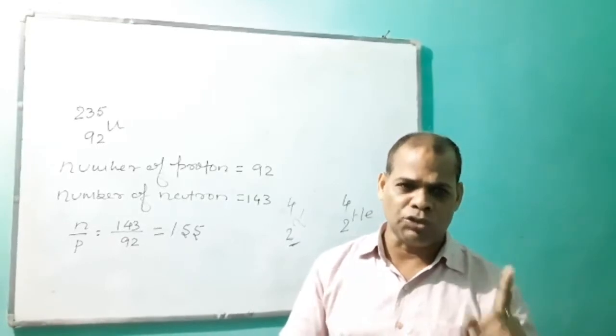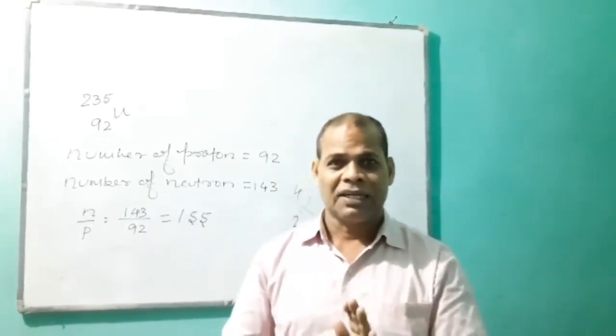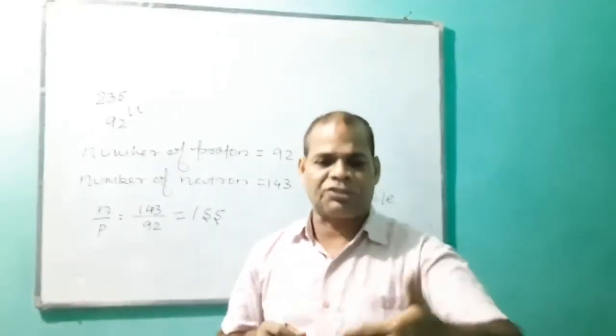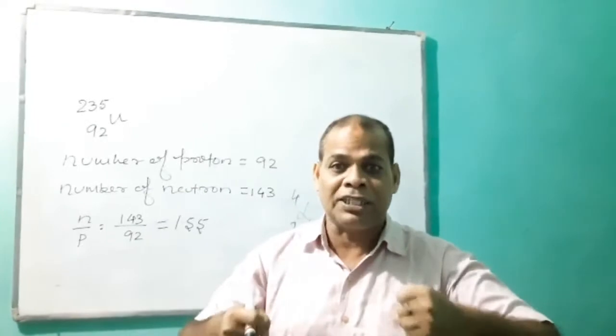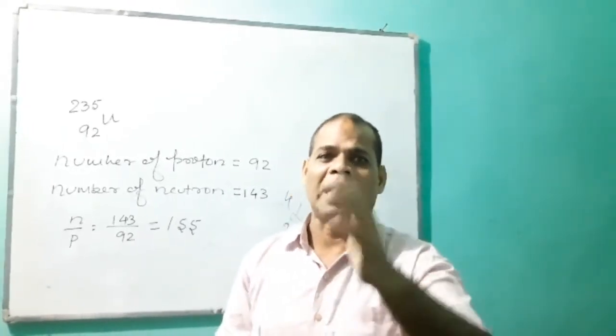It has 2 units of positive charge, 4 units of mass, and considerable amount of energy, so that it can strike and it has the ability to pass through that atom.